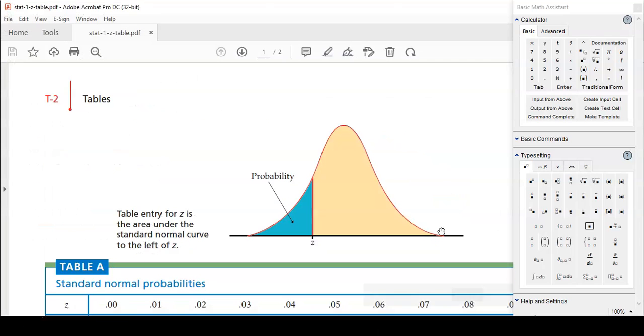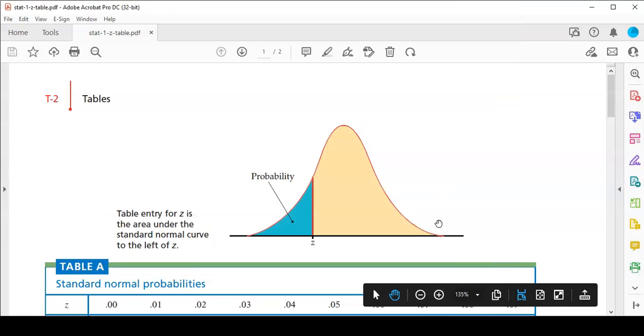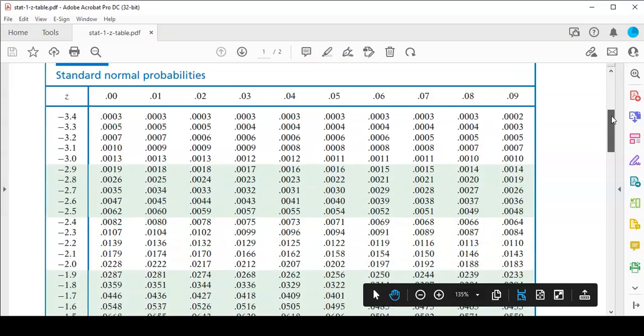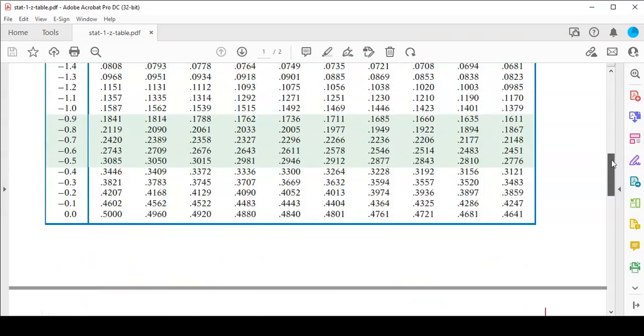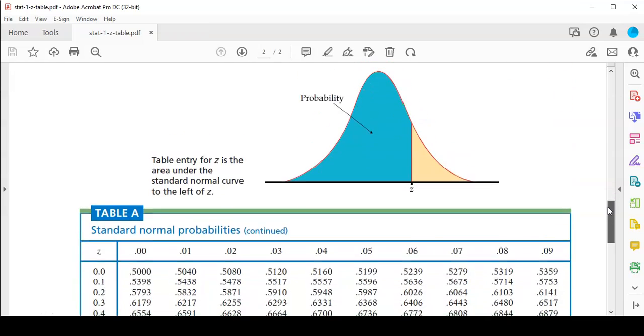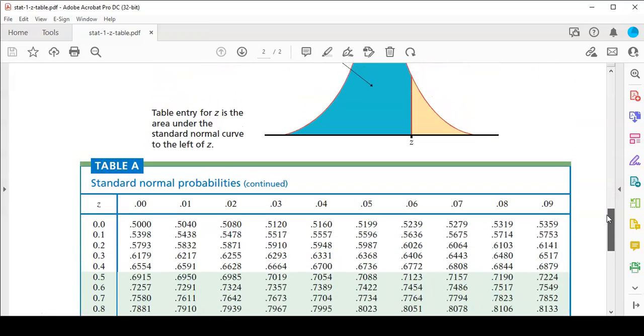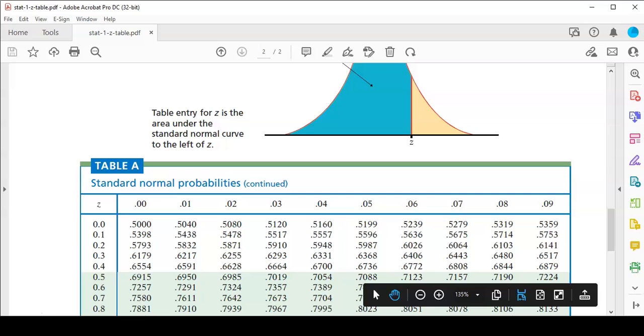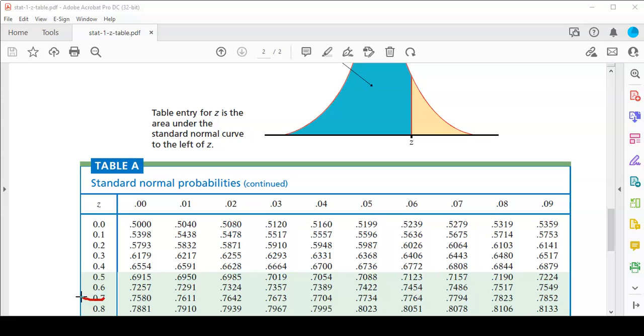Here we go. Okay, here's the table, and 0.62, that's positive, so we have to go to the second page. And 0.62, yeah, it's right here. 0.6 and 2, so the z value is 0.6 and 2 is the second decimal digit.